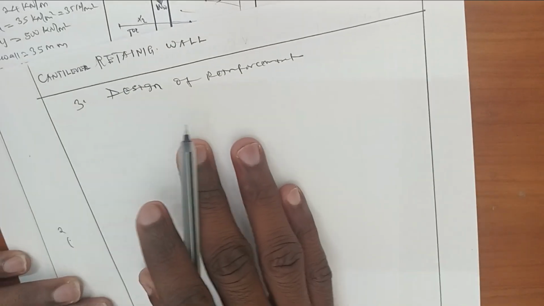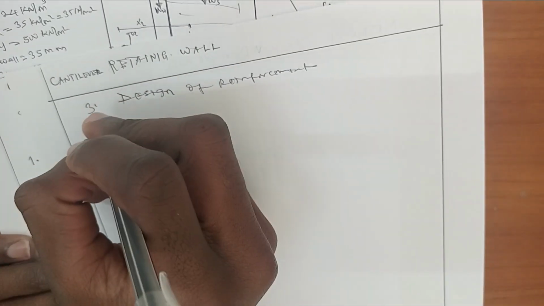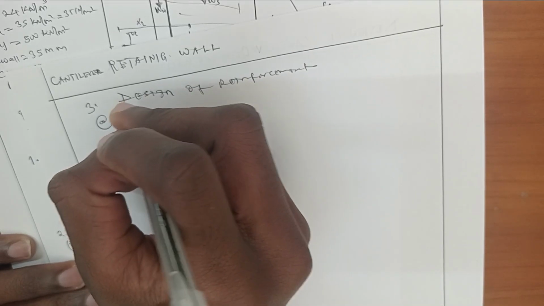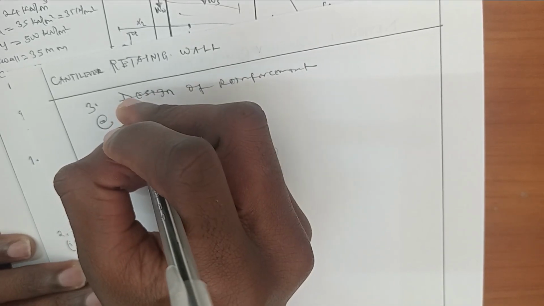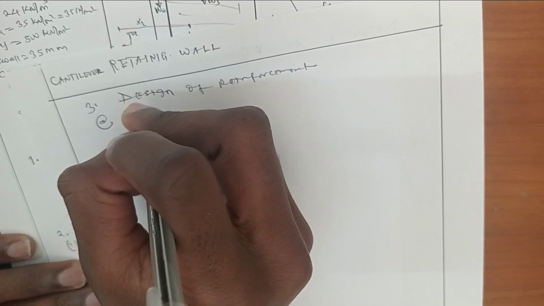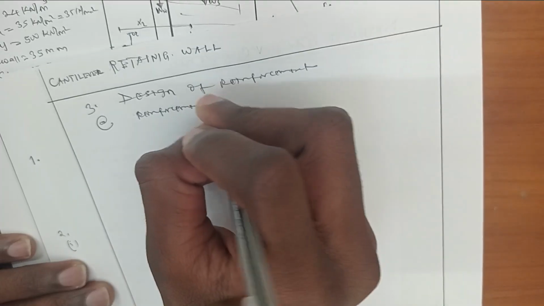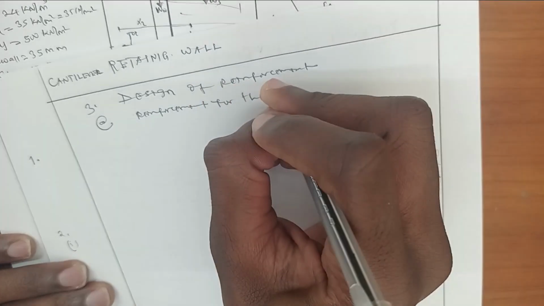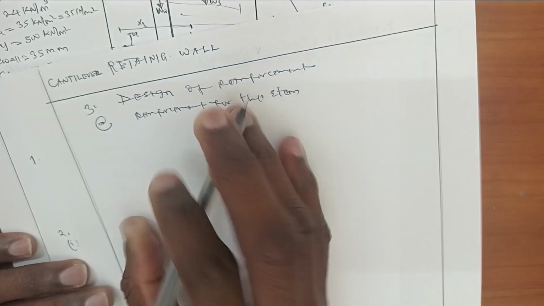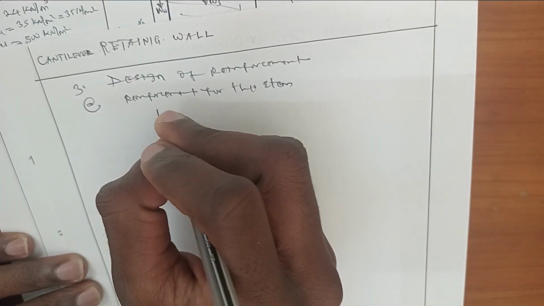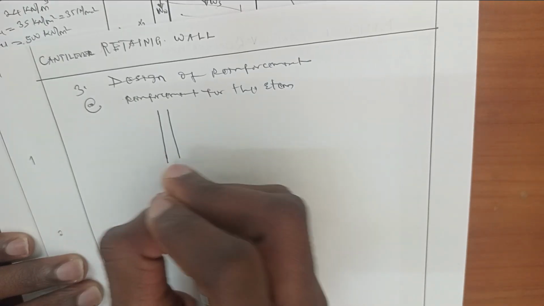Now let's start with the stem wall. Reinforcement for the stem wall. Our retaining wall was in this way.